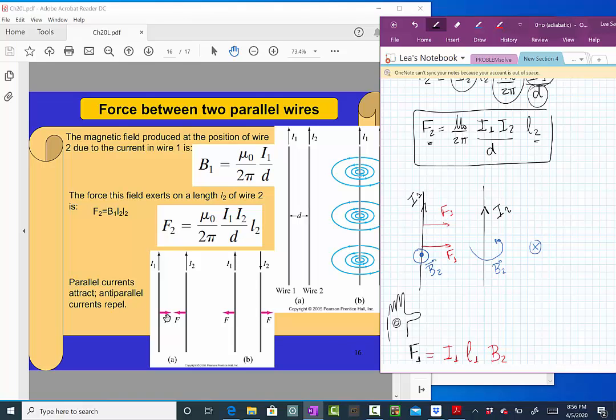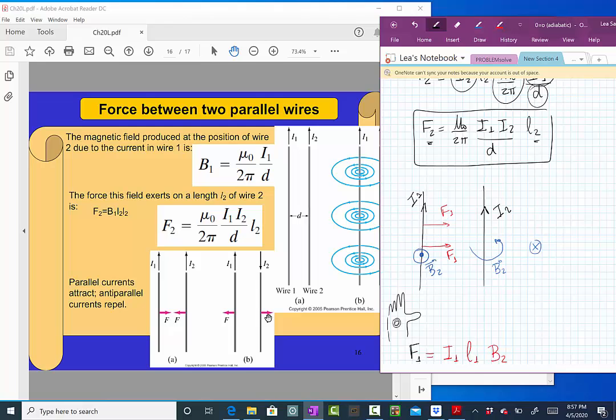What remains for you to check now is when you have parallel wires, but one current is going up and the other one is going down, in opposite directions: the forces are repulsive. So two wires where the currents are flowing in the same direction attract each other. If the currents are flowing in opposite directions, they repel each other.